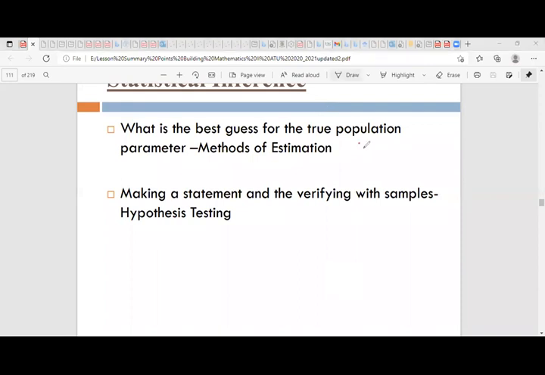So if I have 5 friends, X1, X2, X3, X4, and X5, my 5 friends will give me their prices. And then based on that, I will find the sample mean.